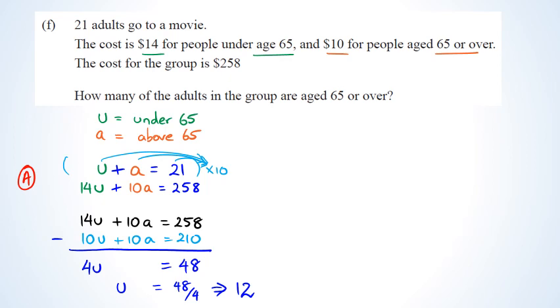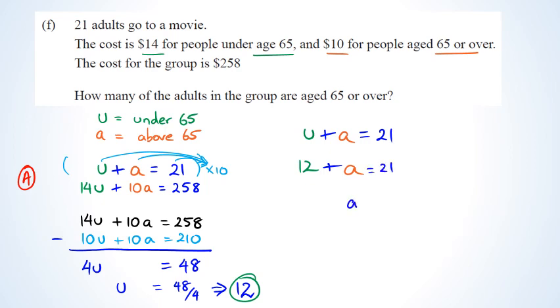Now my question is asking how many of the adults in the group are aged 65 or over. Because I have the equation u plus a equals 21, and I figured out that u was 12, I've got 12 plus a equals 21.